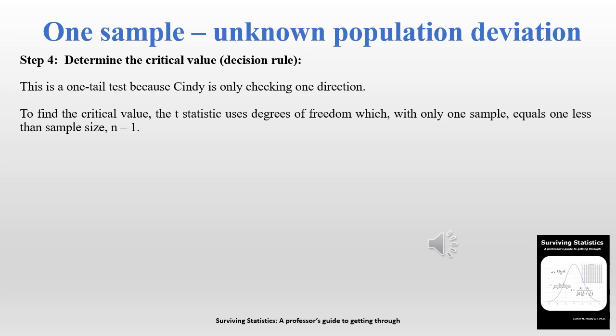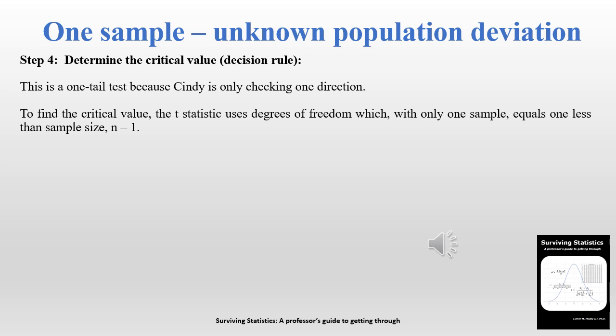Next, for step 4, Cindy has to determine the decision rule or the critical value. This is a one-tailed test because she's only testing one direction. So to find the critical value, because she's using the t, she has to determine the degrees of freedom. The degrees of freedom are going to be n, the sample size, minus 1. So with a sample size of 15, the degrees of freedom are 14.